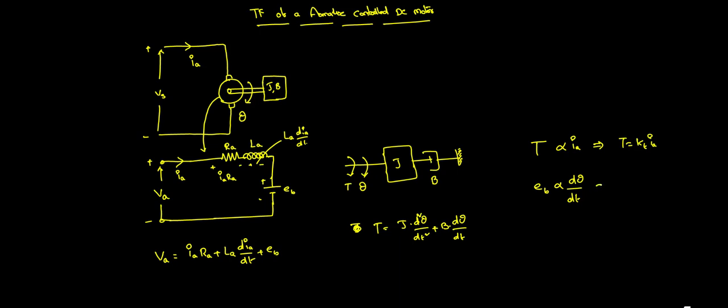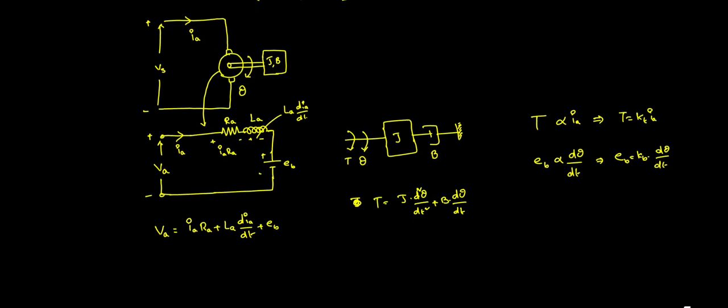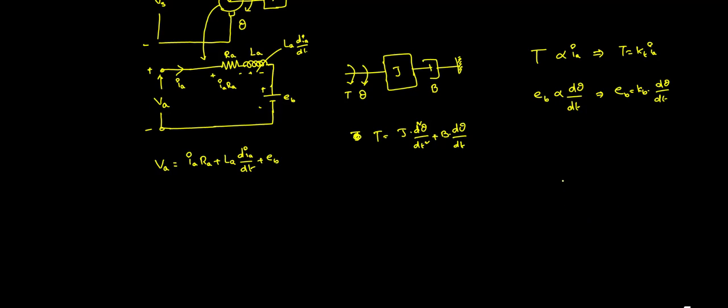If I remove the proportionality coefficient, the back EMF can be written as KB into d theta by dt, because the back EMF is again dynamically changing.